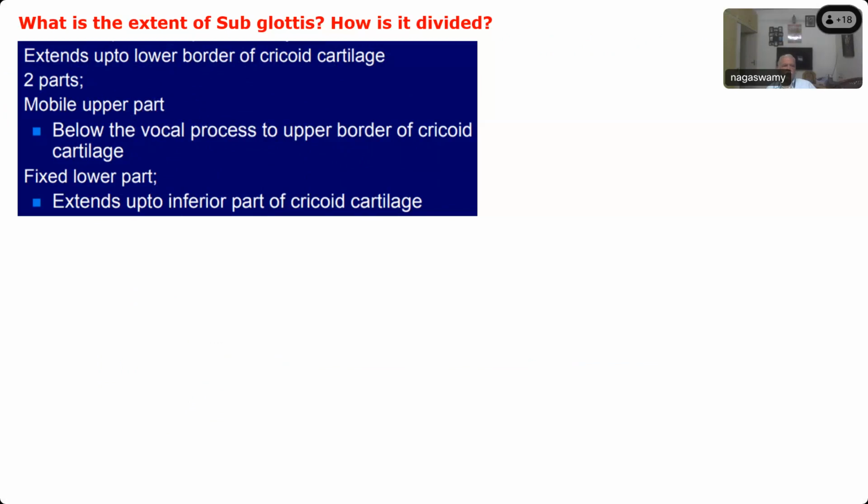It has a mobile upper part below the vocal processes to the upper border of the cricoid cartilage. That is the upper part of the subglottic area. Then there is a fixed lower part which extends up to the inferior part of the cricoid cartilage. So cricoid cartilage up to the upper border is the mobile part. Below that is the fixed part of the subglottis.